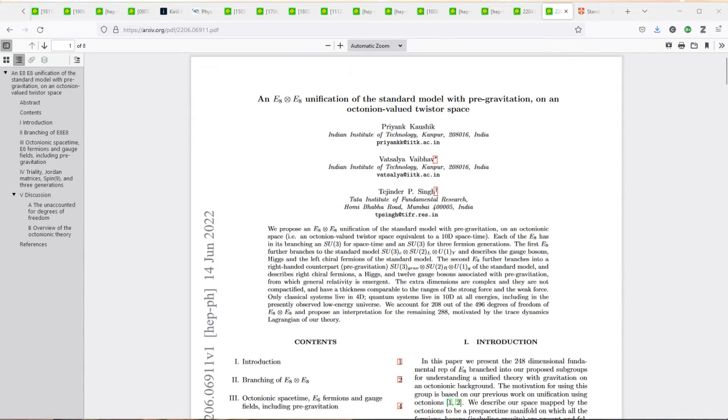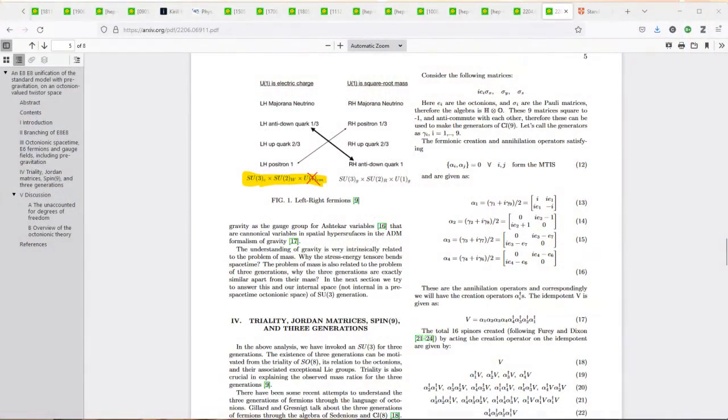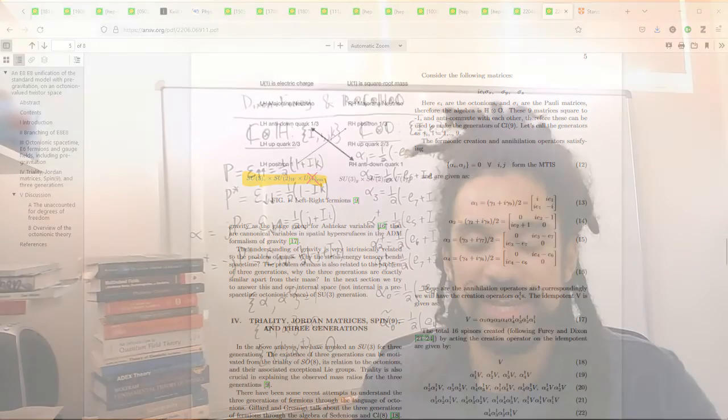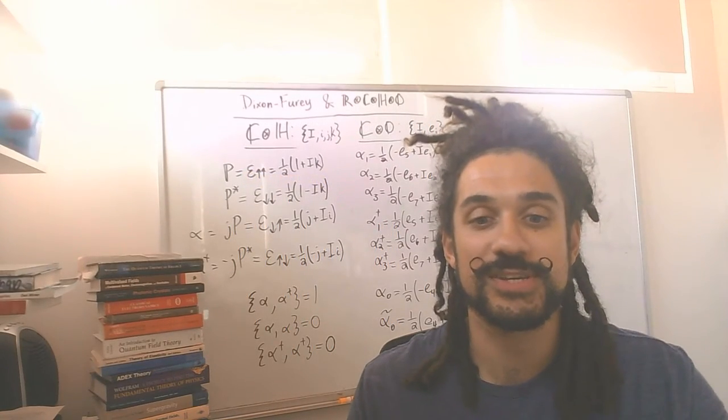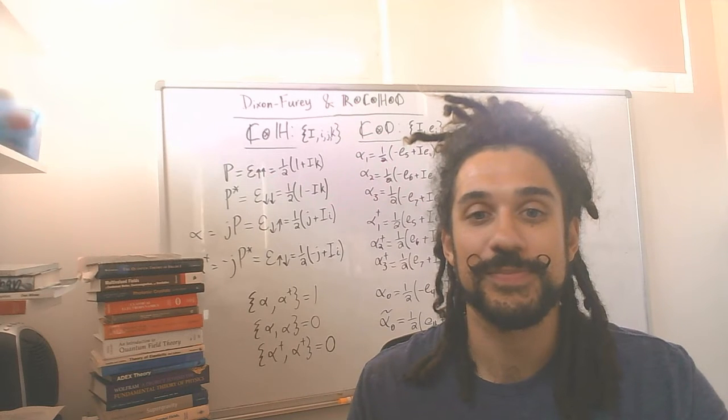Tejinder Singh and collaborators recently discussed an octonionic model using E8 cross E8, but the location of the weak hypercharge seems to be inconsistent throughout the paper. These could all be various typos, but having a paper on the internet that is free of typos is crucial for communication, as there has been so much controversy surrounding the physics of E8.